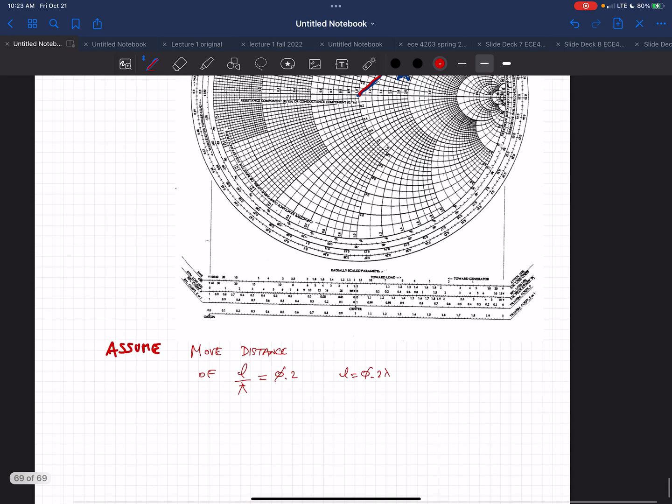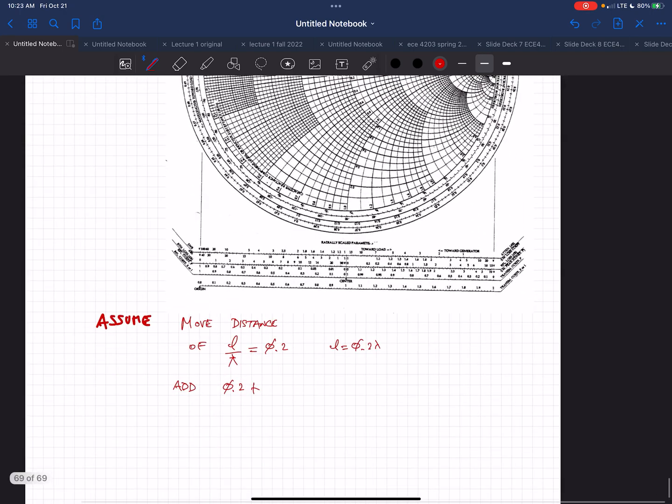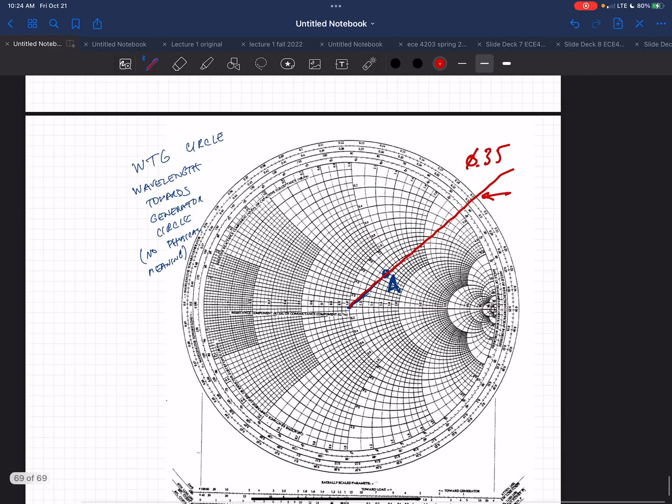So I'm going to add 0.2 to 0.35. Say it's 0.55 lambda. And then let's say that corresponds to a line that's like here for the sake of discussion. So I'm just basically reading the value along this curve where it says 0.55.